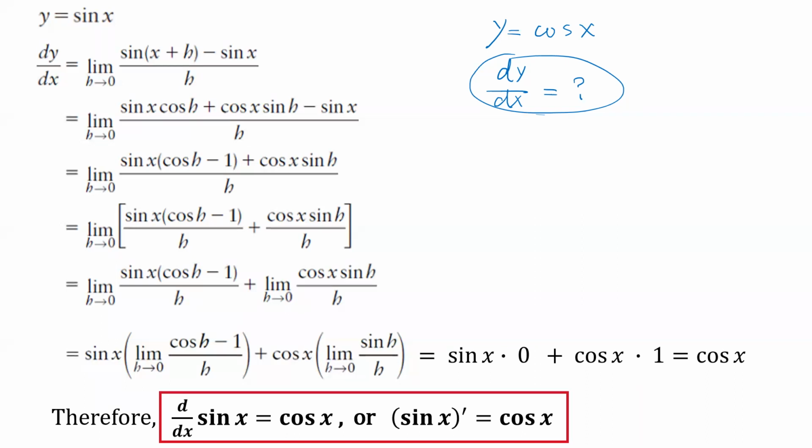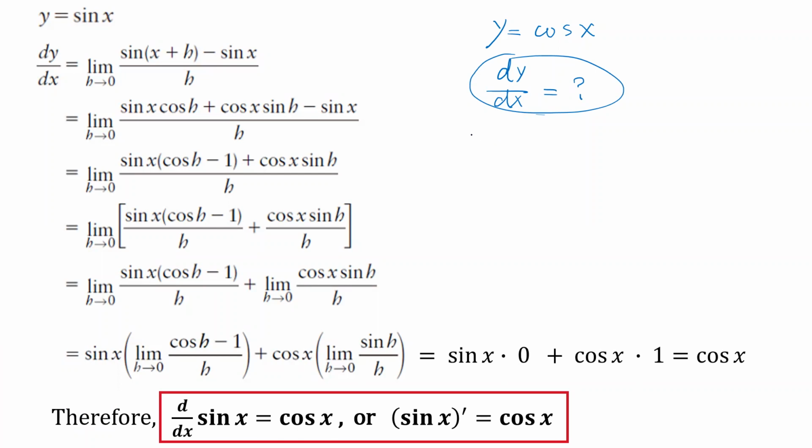Okay, have you finished? Any ideas? Okay, so here we already know the derivative of the sine function, right? So in order to get the derivative of the cosine function, you need to convert cosine to sine according to the trigonometric properties, right?